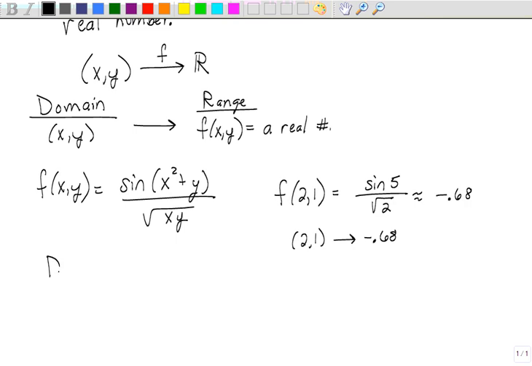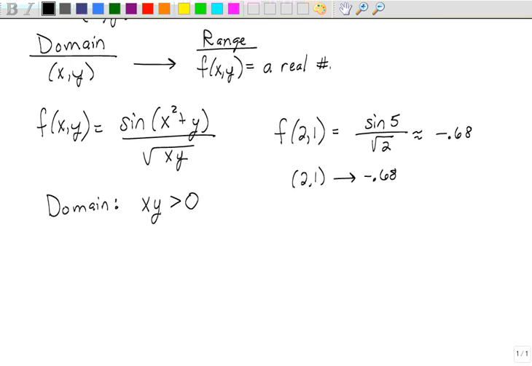And for the domain of this function, notice that your denominator has a square root and your denominator can't be 0, so xy, the expression inside the square root, has to be greater than 0. It can't equal 0 either because you can't have 0 in your denominator. So we're going to be looking at the domains of these things.